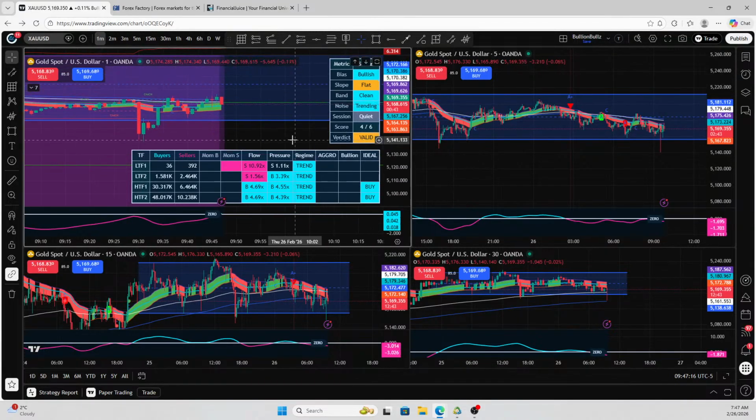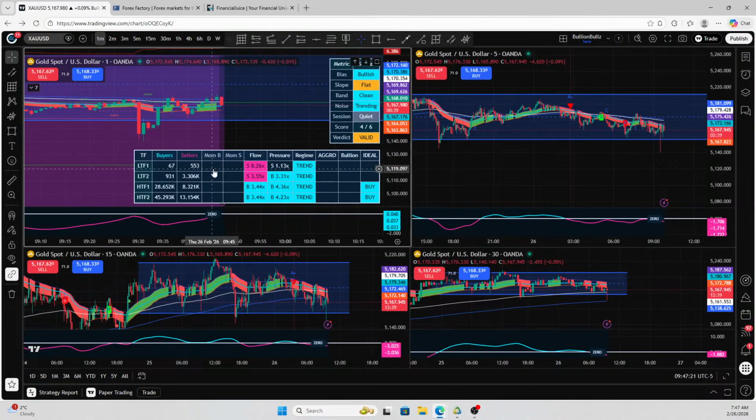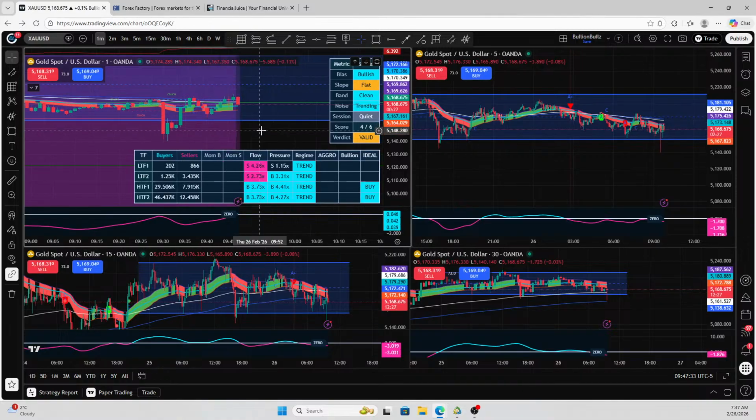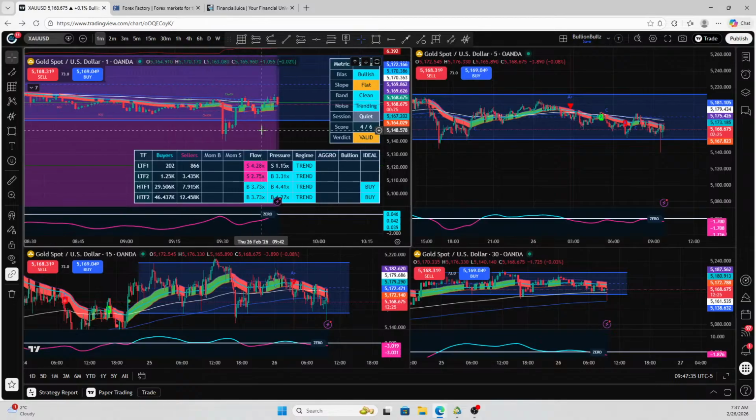And always, always, always have a stop loss for your positions, either a mental stop or a stop loss added through your system. Because nothing is guaranteed in the market, and anything can go any way.